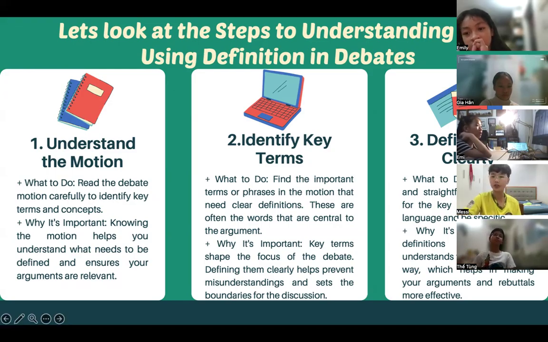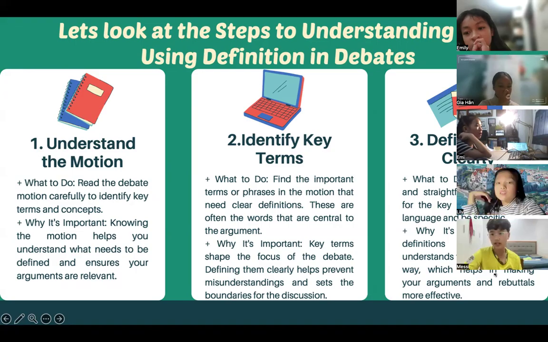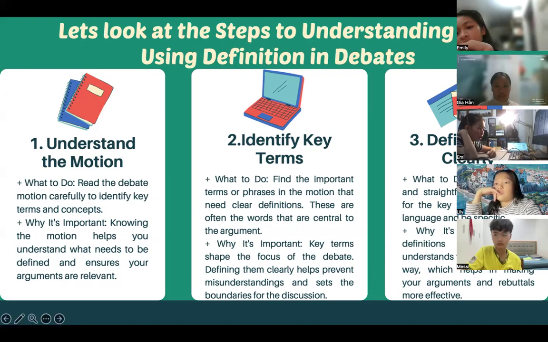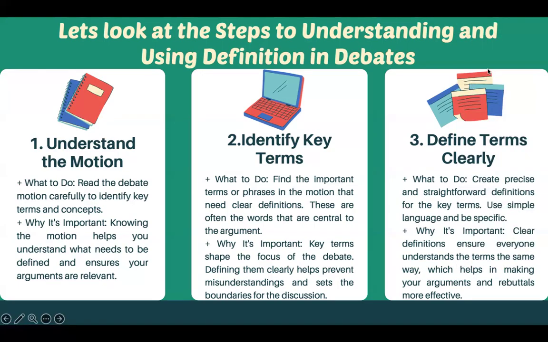That is number 2. Number 3, I'd like to call Zahan. Yes, so step number 2 or number 3? Oh, it's number 3. Define terms clearly. What to do? Create precise and straightforward definitions for the key terms. Use simple language and be specific.